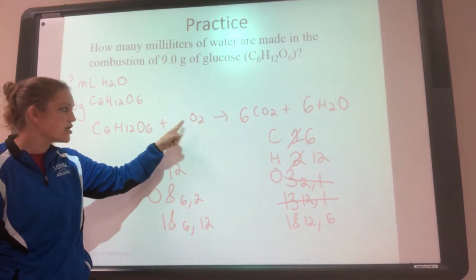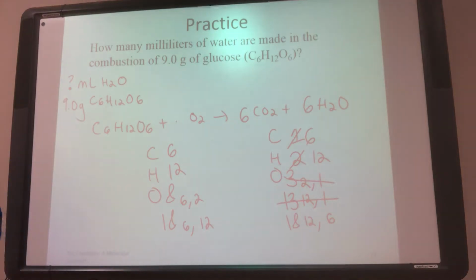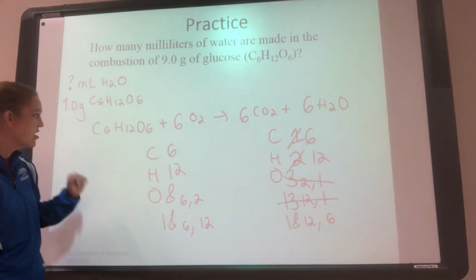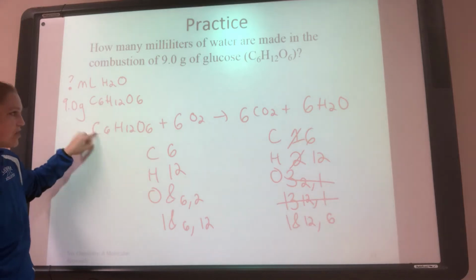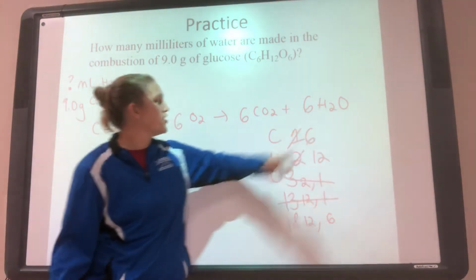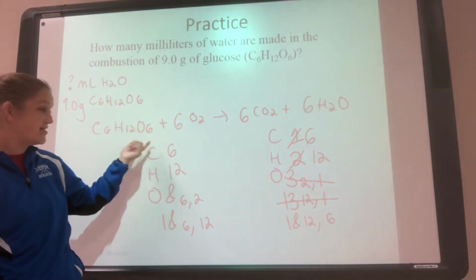What number goes here to give me 12? 2 times 6 gives me 12. So I put the 6 here. 6 times 2 is 12, plus 6 more gives me 18. So now everything is balanced. Carbons are balanced, hydrogens are balanced, oxygens are balanced. So I do a quick check. 6 carbons, 6 carbons. 12 hydrogens, 12 hydrogens. 6 oxygens, 6 times 2 is 12, so that gives me 18.